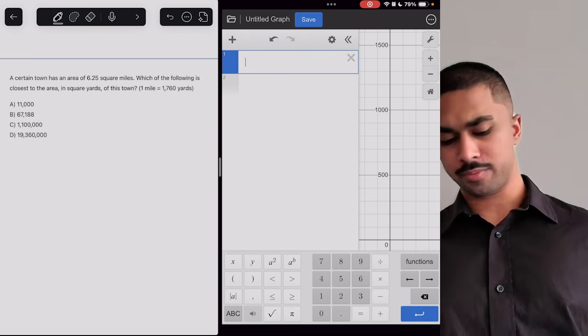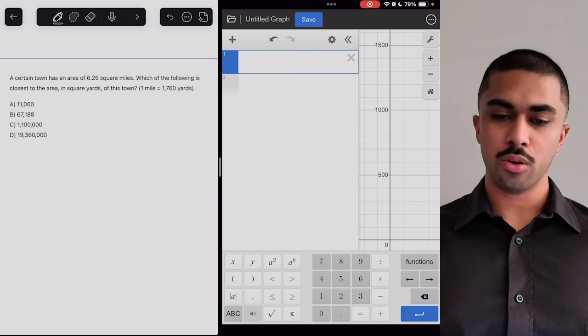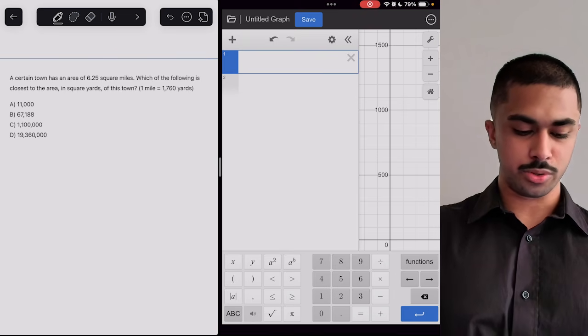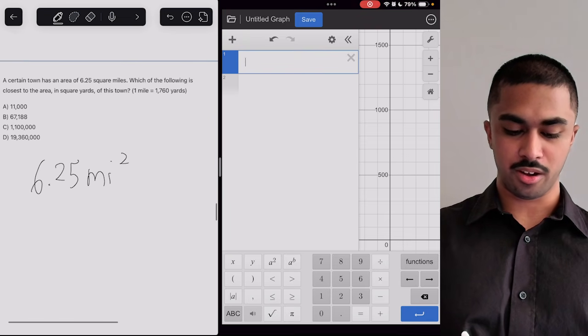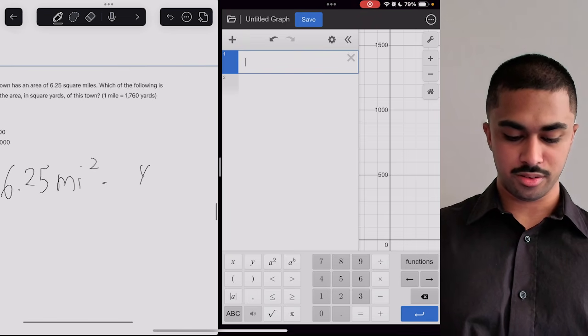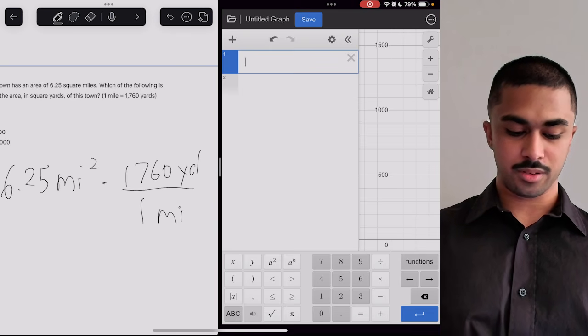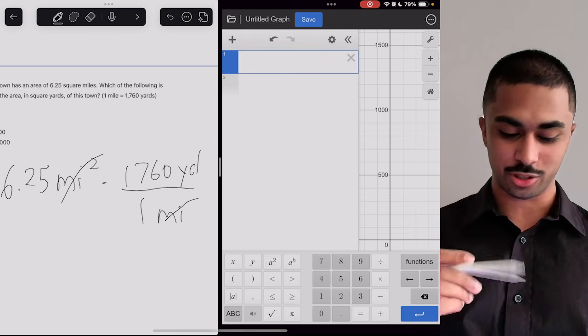What do we want to do here? A lot of you guys know what dimensional analysis is from chemistry. You do that thing where it's like 6.25 square miles, and then you convert the units like 1760 yards over 1 mile and cross out the units. In this case, we can't exactly do that, and I'll show you why in a second.